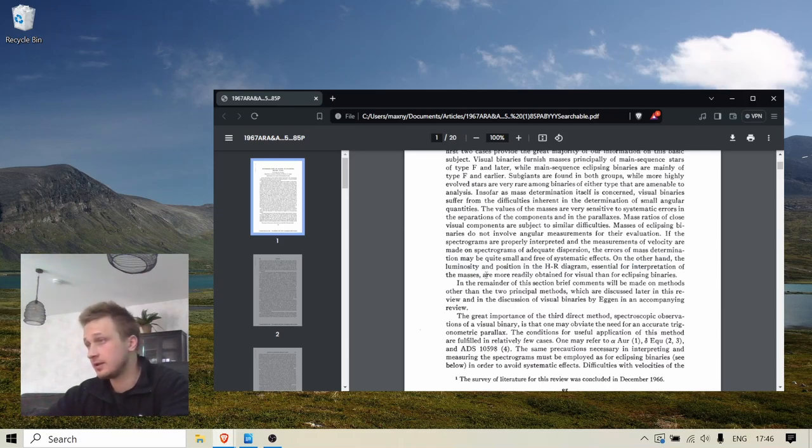Apparently, its position is more readily obtained for visual binaries. That is to say, when you can directly see that there are two stars, rather than eclipsing binaries, where you can see that there are two stars in the system by the fact that they are eclipsing each other.